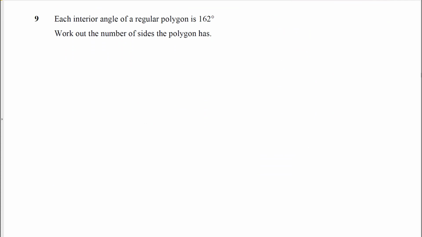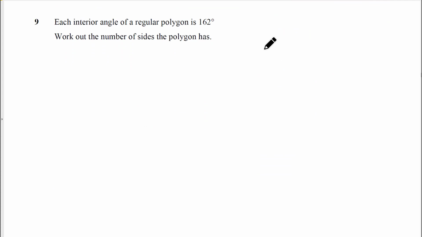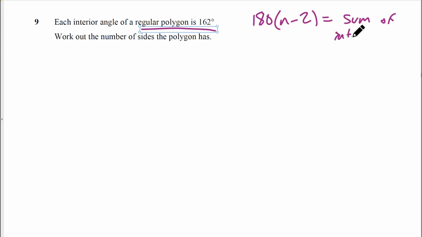Question 9. These are really easy, you just need to remember the formulas. There are 2 ways to do this, and I'm going to use my preferred method. Each interior angle of a polygon is 162. Remember, 180 times n minus 2 equals the sum of interior angles, and 360 over n equals the exterior angle.